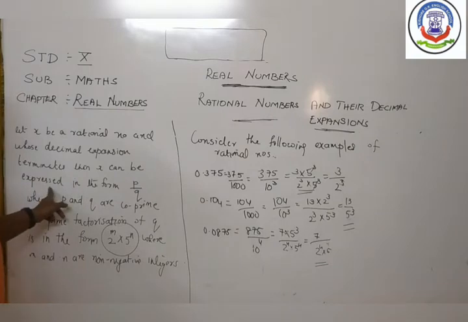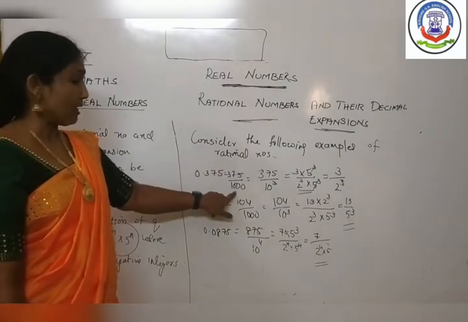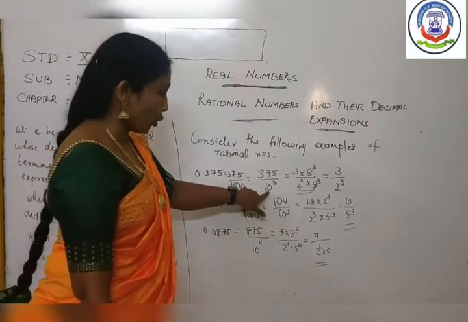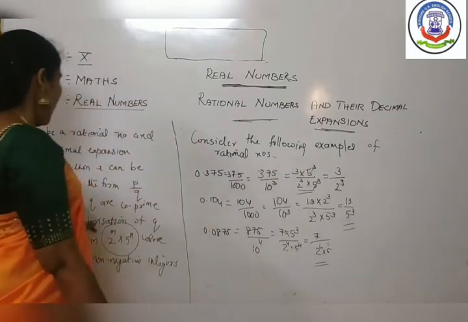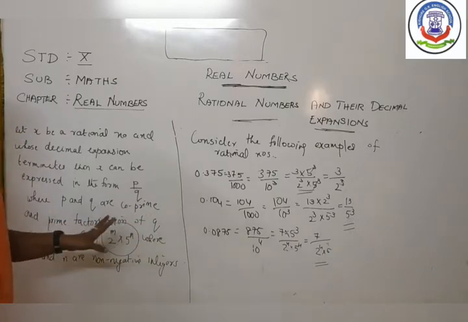And then x can be expressed in the form of p by q, where p and q are co-prime. Co-prime I already mentioned to you, which will not have any other factors other than 1.